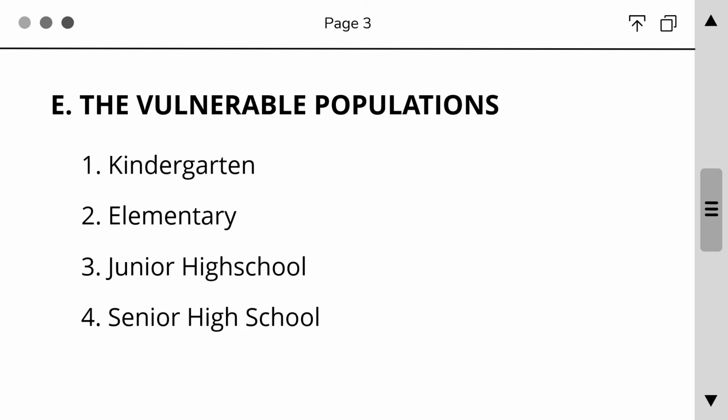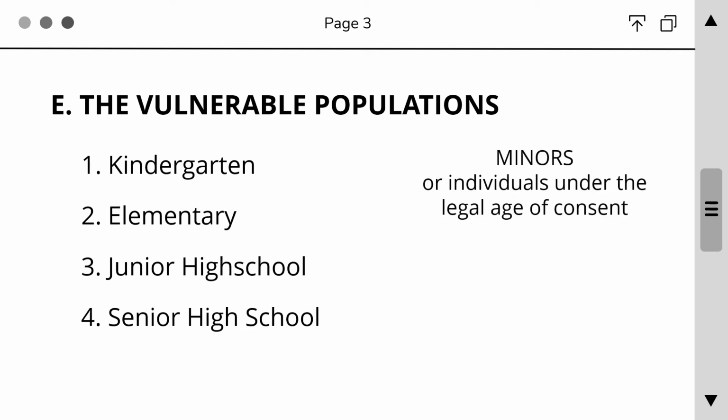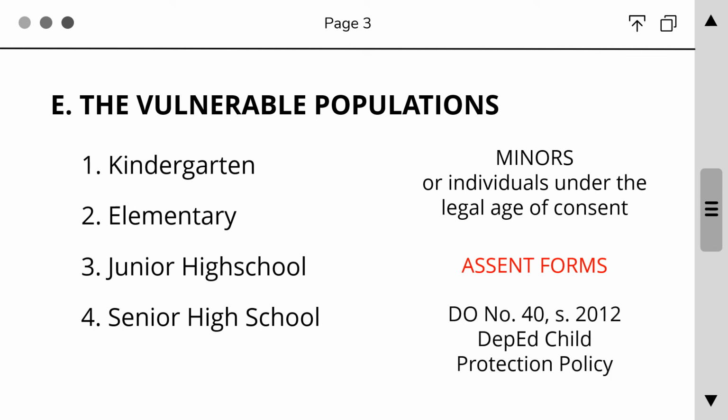Hence, these learners are considered minors or individuals under the legal age of consent. So if we're going to recruit them as our participants or respondents of the study, we need to secure first the assent form. And also, we need to be aware of Department Order Number 40, Series of 2012, or the DepEd Child Protection Policy.